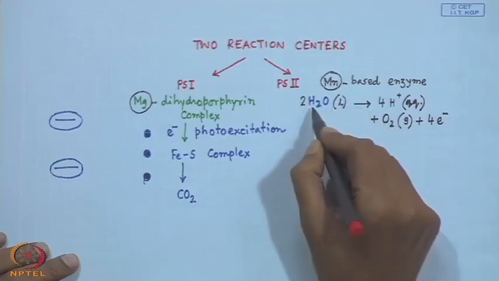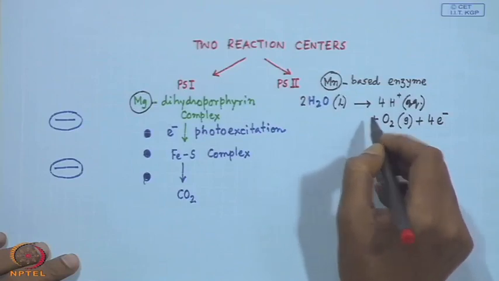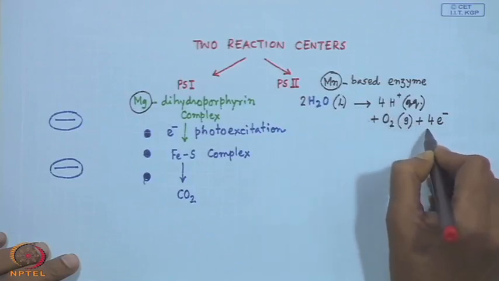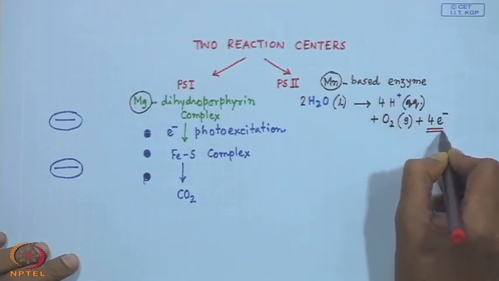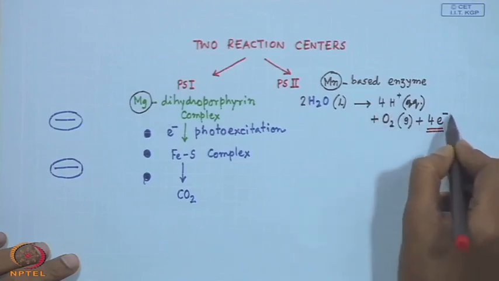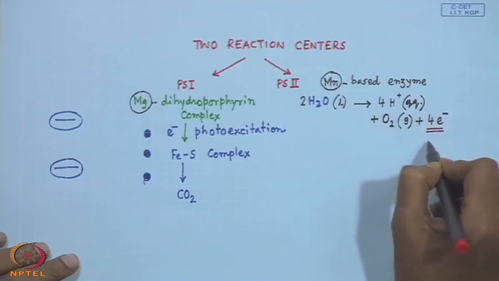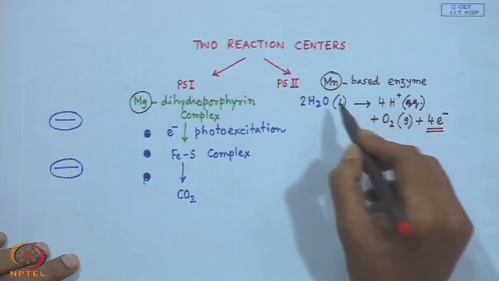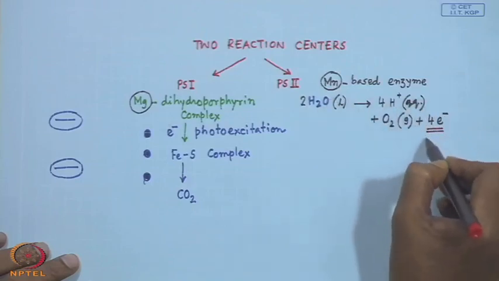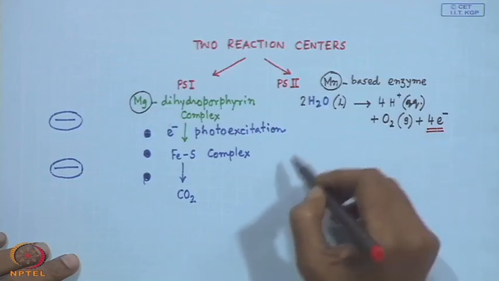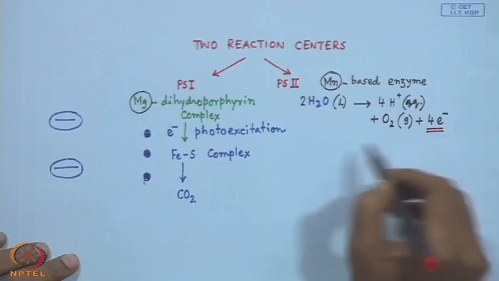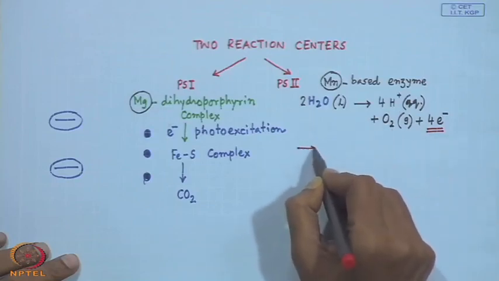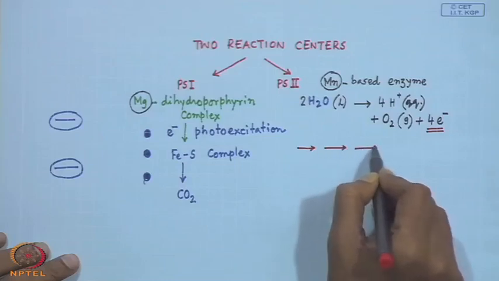So, the reverse process we have discussed earlier, and in all these cases we have seen that you can transfer 4 electrons. So, you have to have some mechanism where you can store 4 electrons, stepwise, one after another. So, sequentially you can go for a 4 electron transfer step.